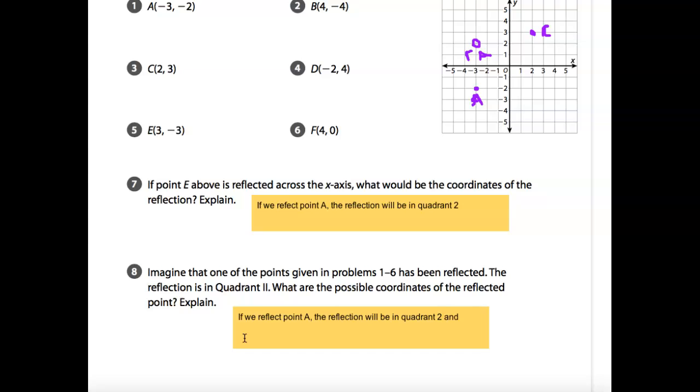And the point will be (-3, 2). Okay, that's the reflection. All right. So what I'd like you to do is C. So here's the original point. C is (2, 3), but now you're going to reflect it over the y-axis. So you work on that and do that the same way we just did point A. All right, let's move on.